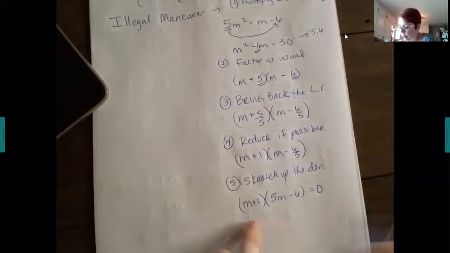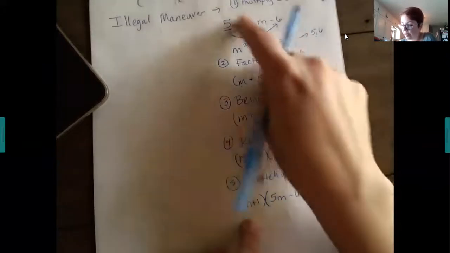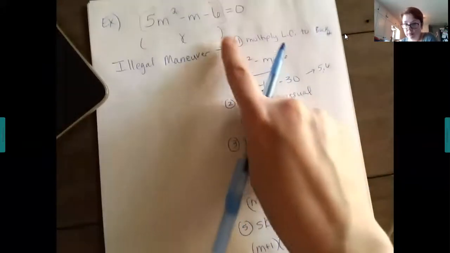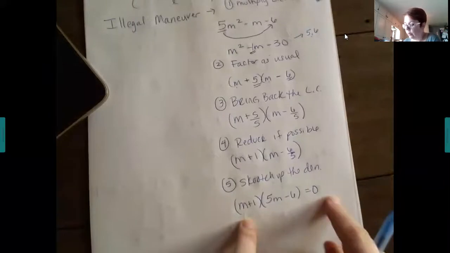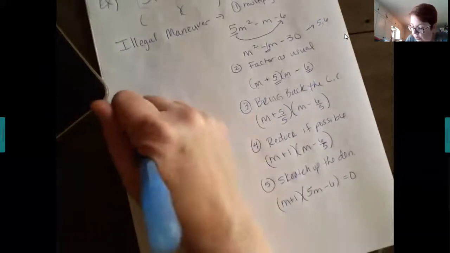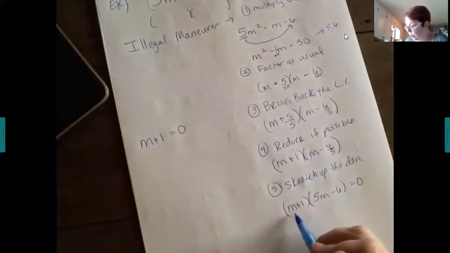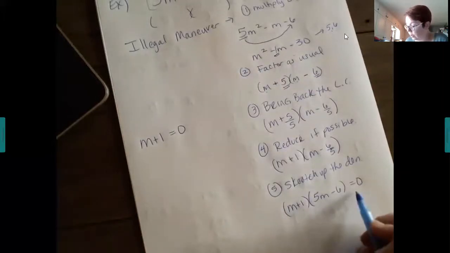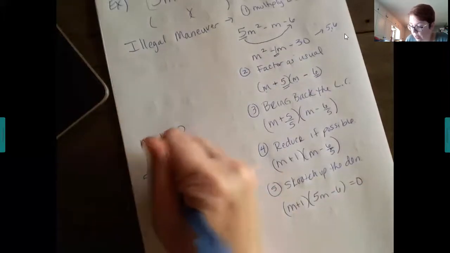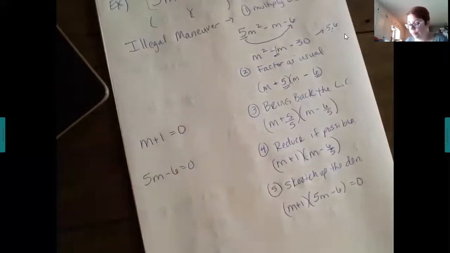And now that it's factored, we set it back equal to 0 like it was originally, and we can solve these two answers. So we have this one, m plus 1 equals 0, and 5m minus 6 equals 0.